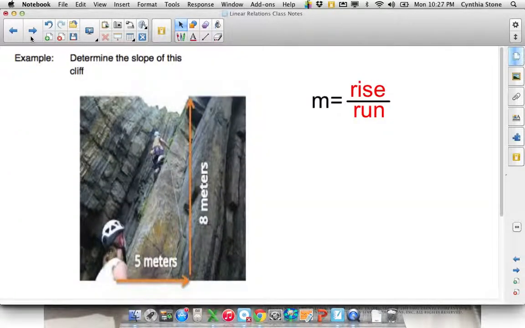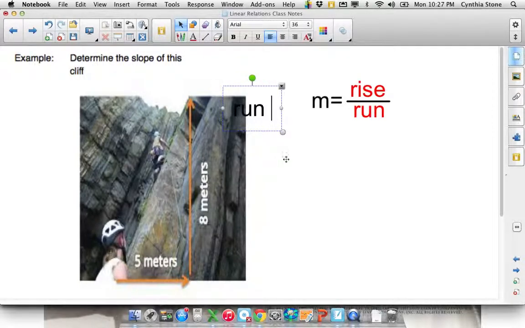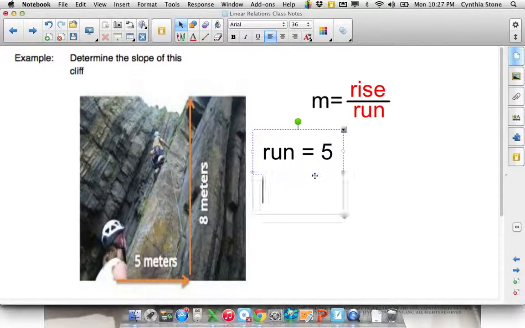Okay, so next we're going to do an example here of determining the slope of this cliff. And in this one it's weird, it's not a graph, but like I said, my roof has a slope. I actually have not calculated it, but in this cliff example, we see here, this must be the run. It's how far it goes across. So the run in this case is going to be 5 meters, and you can just write 5 is fine. And the rise is going to be 8.